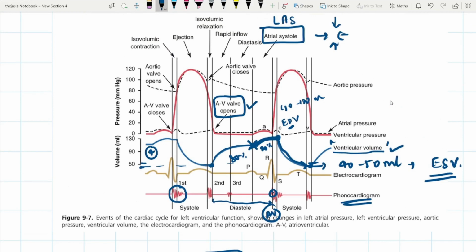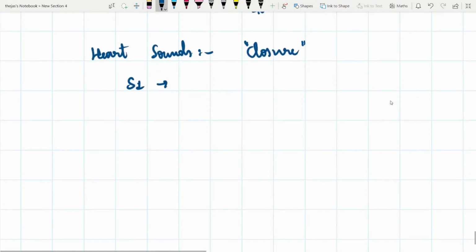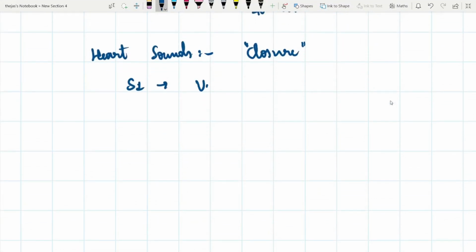There is a systolic phase, that is ventricular systole. This is the beginning of ventricular systole. The ventricle contracts, pressure increases in the left ventricular cavity. This causes bulging or closure of the AV valve.